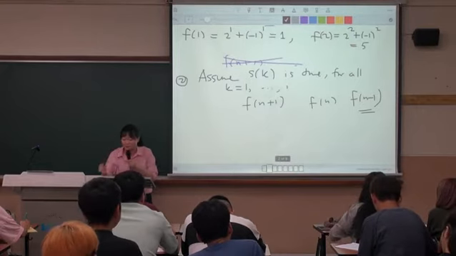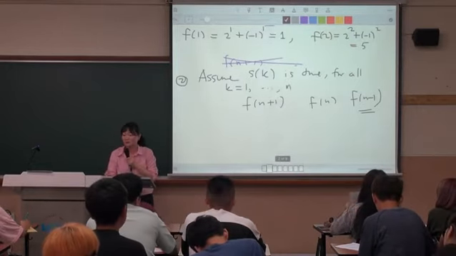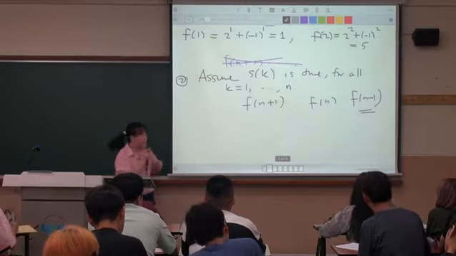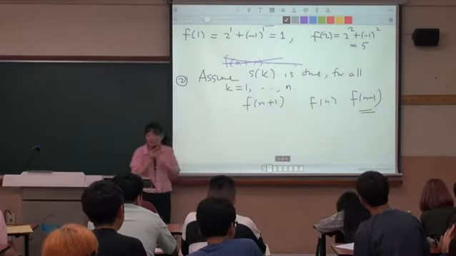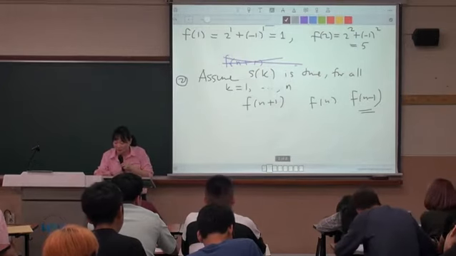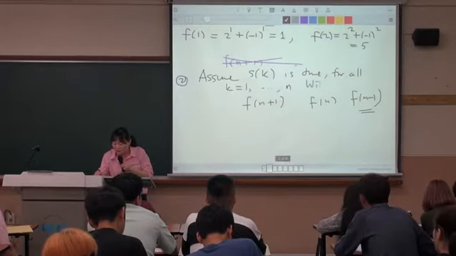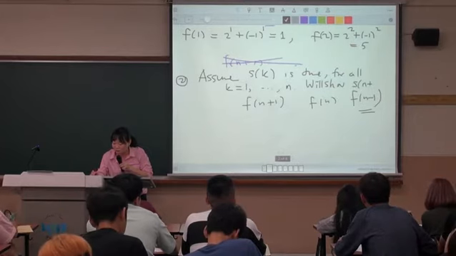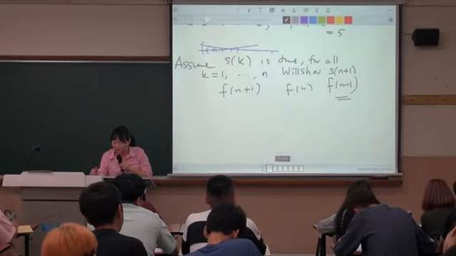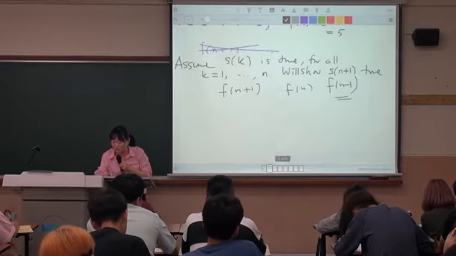I want to include n too, to combine the two statements. So Sn is true and all the previous ones are true. So assume this. And what do we have to show? We'll show Sn plus 1 is true, right?